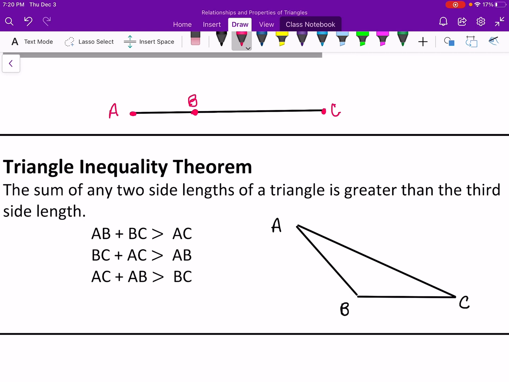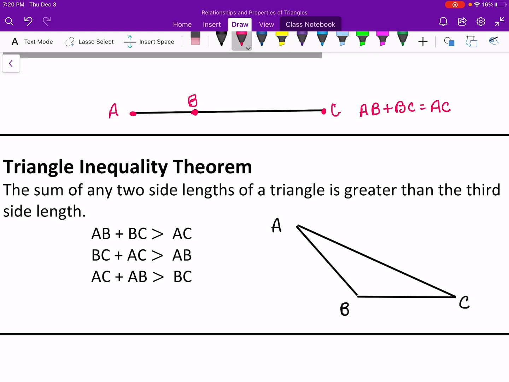And right now, if I would write the segment addition statement, it would say AB plus BC equals AC. When those points are collinear, you can add those two shorter segments and get the length of the long one.